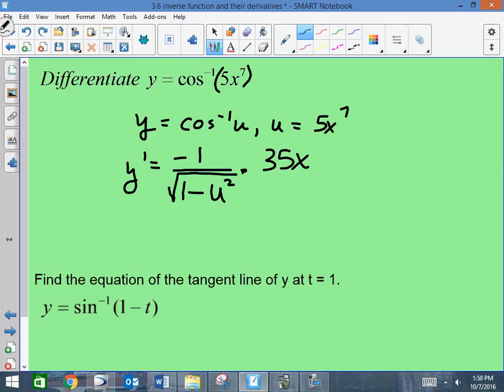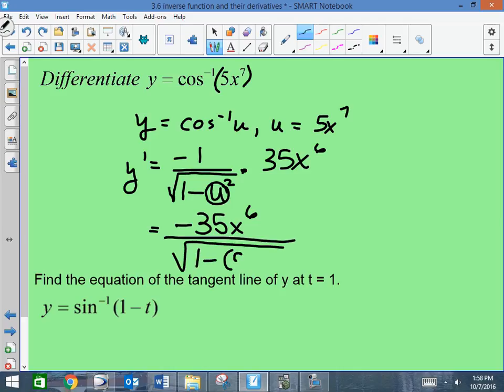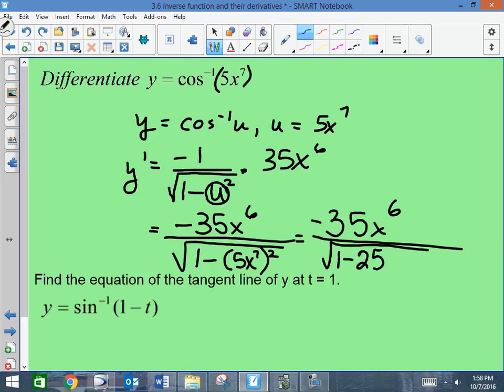x to the what? Okay, and then we've got to put in our u, and I'm going to go ahead and just multiply straight across and put in 5x to the 7th, which might be written as what, 25x to the 14.